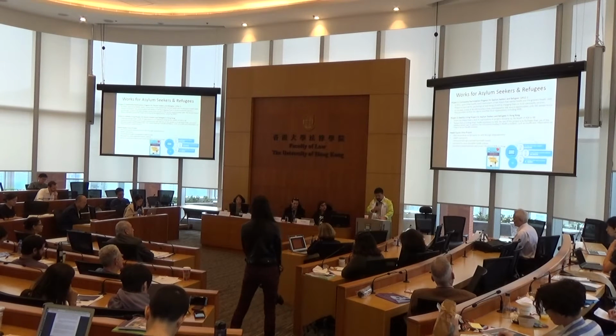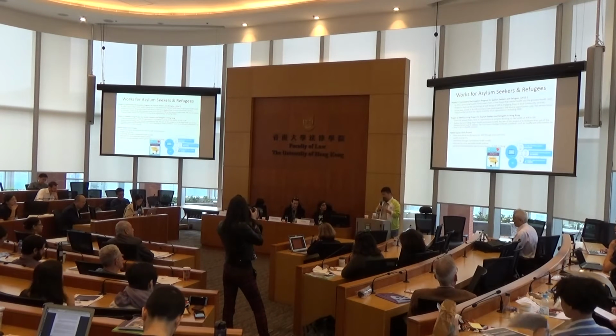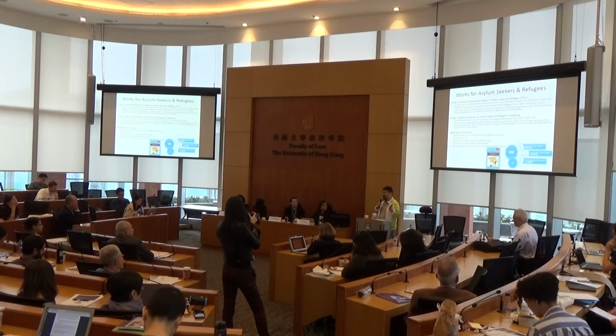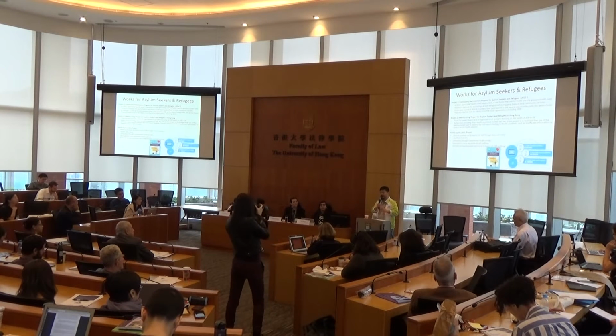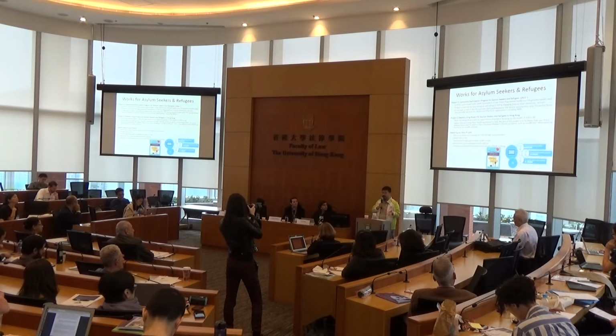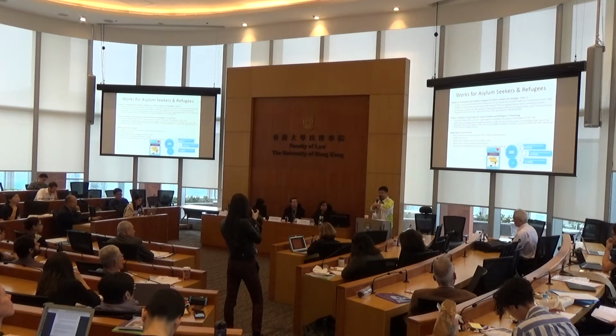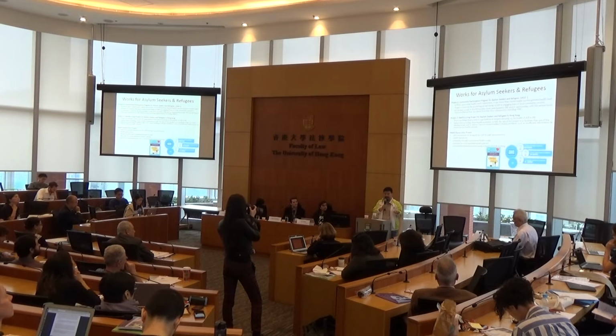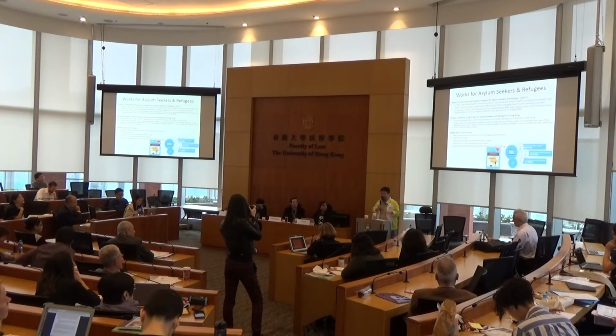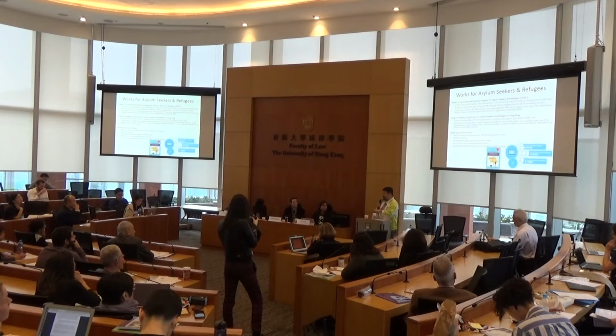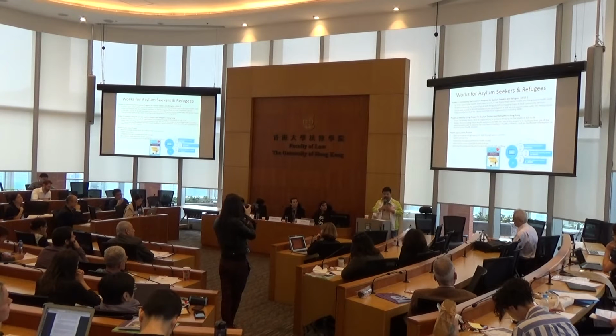So what we are doing is we build a project where we try to use them as helpers. Why we call it this is because, by law, the Hong Kong government does not allow them to work in any sense. So we position them to help other NGOs in their projects, including us.